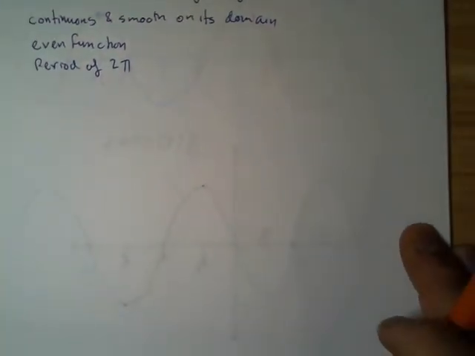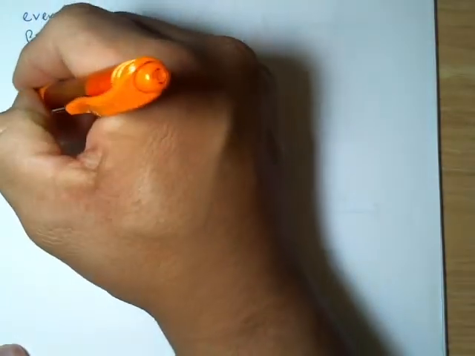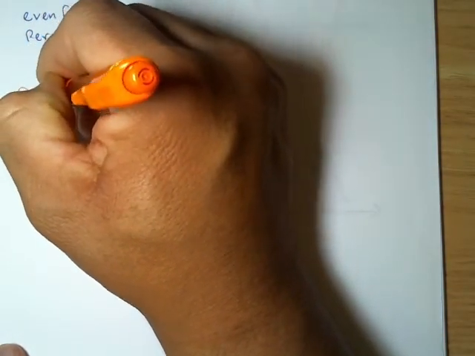Now let's look at the properties of sine, which, based on the graph, are pretty similar to the properties of the cosine.